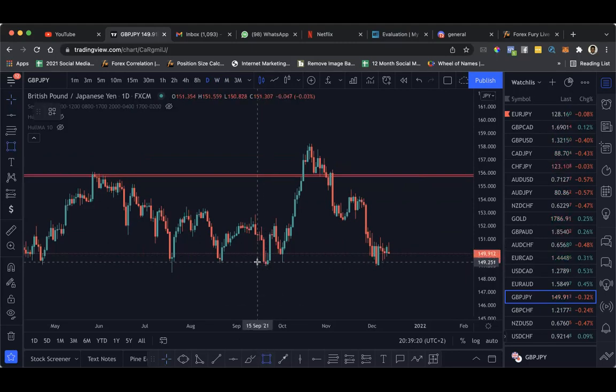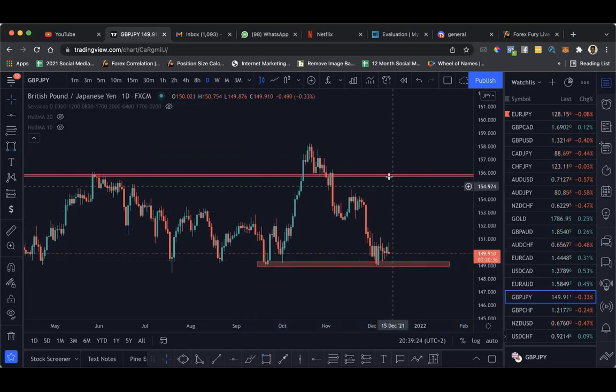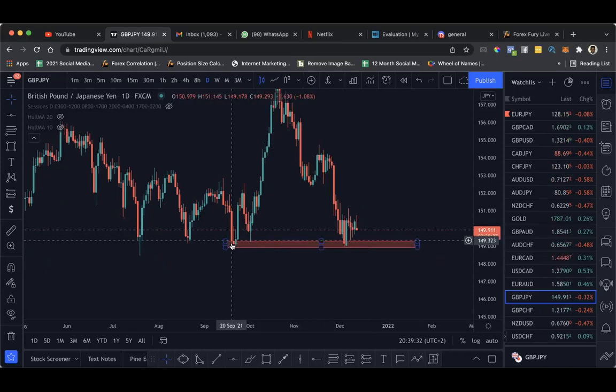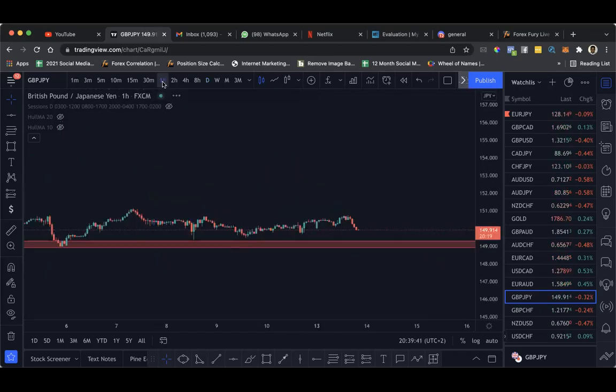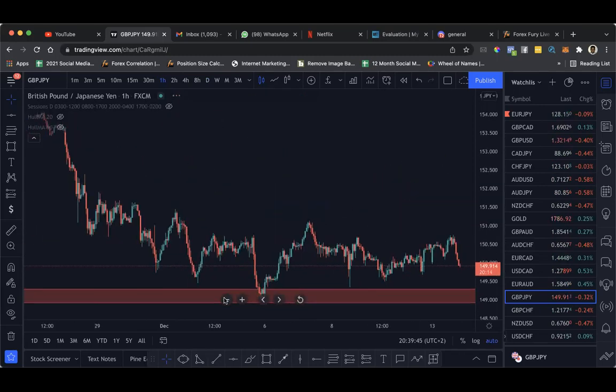Drop base rally. Price at the supply zone. So right now, we know that this is, I said supply zone, a demand zone rather, beg your pardon, a demand zone. So this is the daily chart. On our mapping, let's go to the 1 hour, and then we'll find a possible buy.